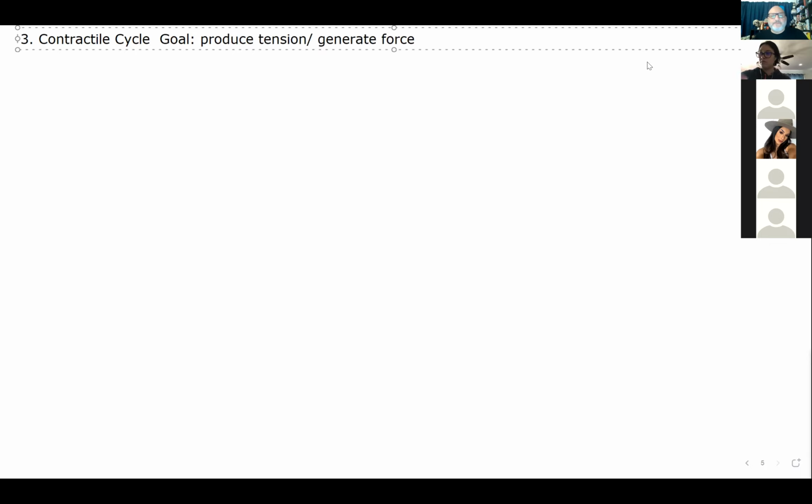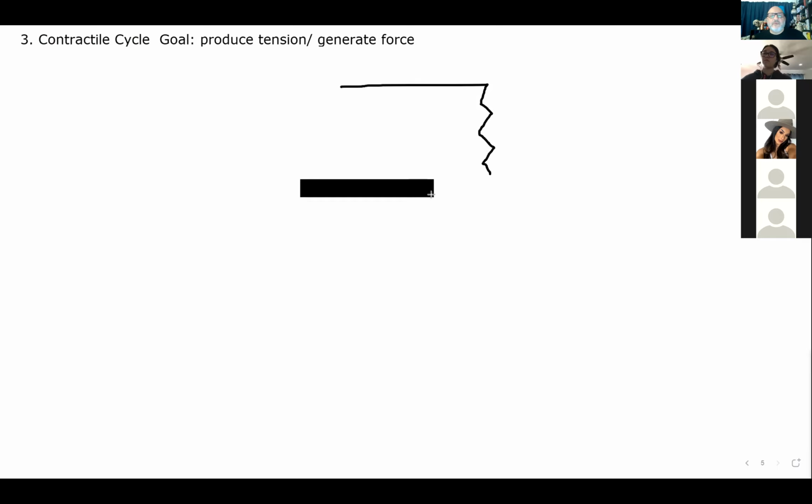For our starting point, we have our actin and our Z disc. We have our myosin. And we have our myosin head.